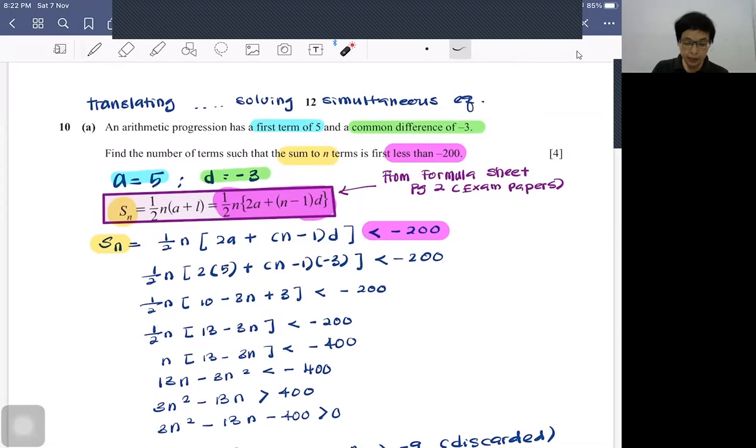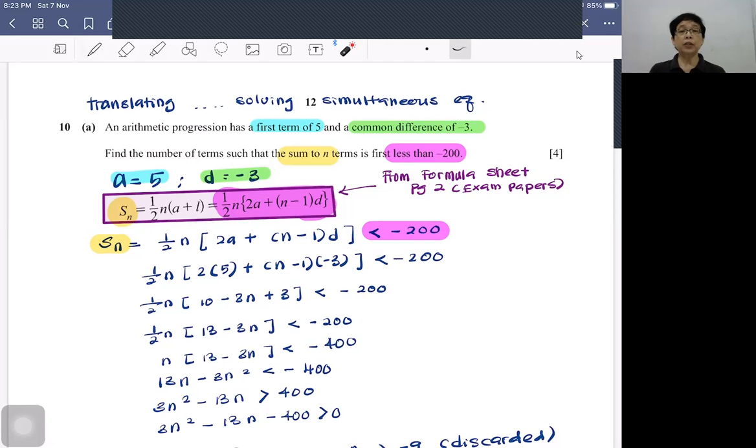As I stated at the top here, these are general helpful tips in approaching this type of question. The first part, as I put down there, is translating. Translating what? Translating the words given to us in the question into mathematical notation, so that we can form an equation.